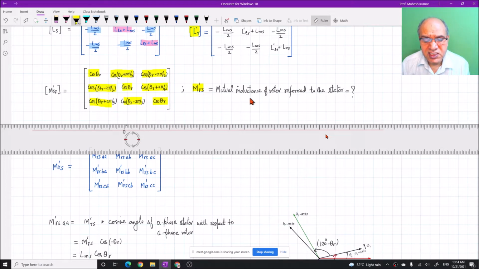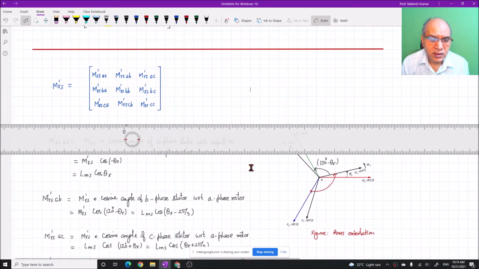So let us say that this mutual inductance has elements like this: M_rs prime AA, AB, AC, BA, BB, BC, CA, CB, and CC. So we have to find these elements in a similar way as we found earlier.